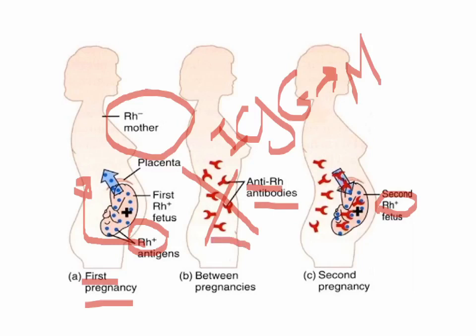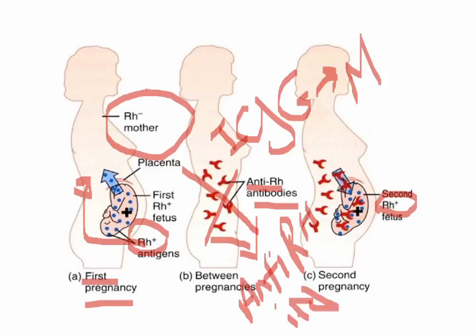Anti-D antibodies which are ready-made, and this is called the anti-Rh injection. I'm sure that you have heard about it, that when there is an Rh negative mother pregnant with an Rh positive fetus, they have to give her the anti-Rh injection. What is the anti-Rh injection? It is the anti-Rh antibodies or the anti-D antibodies which are ready-made.